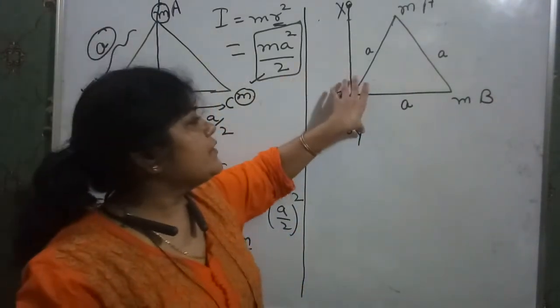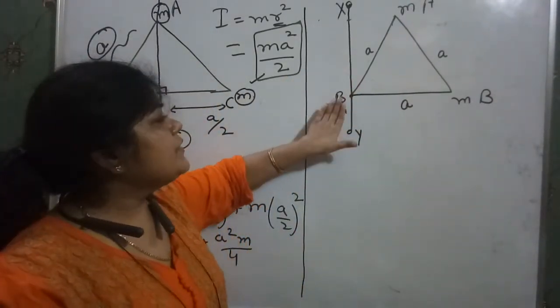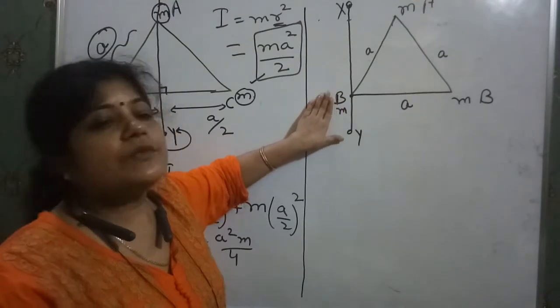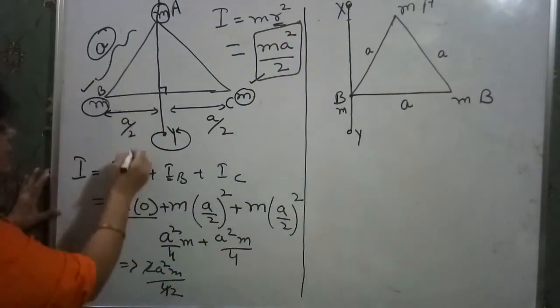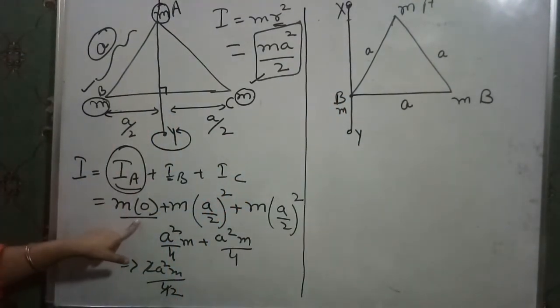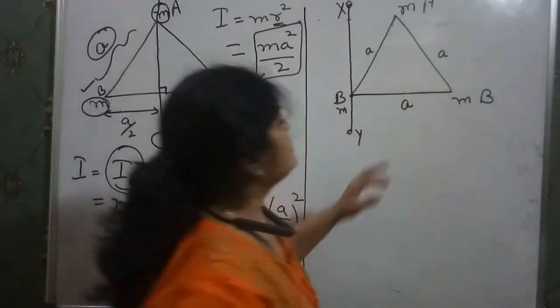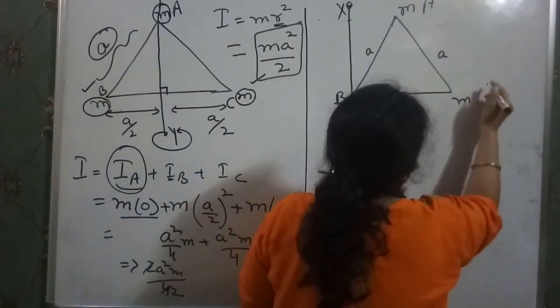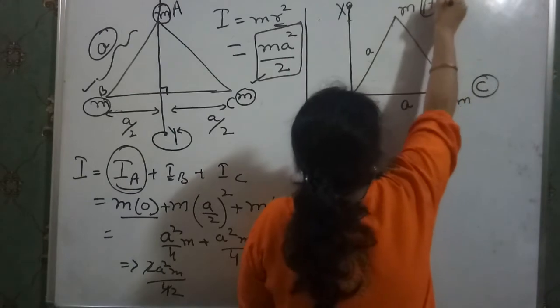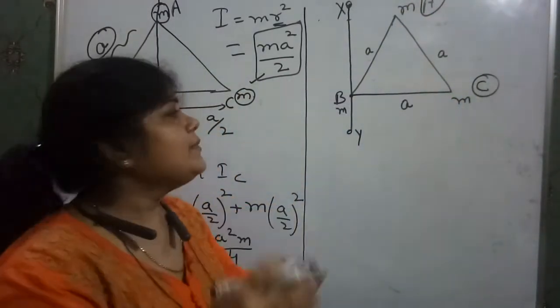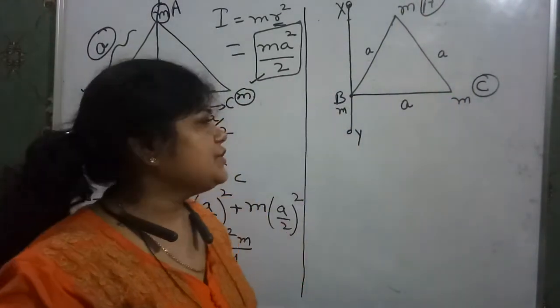For the point through which the axis of rotation goes, the moment of inertia is taken as 0, as I did in the case of IA. So we just consider the moment of inertia for the two points A and C and add them up to get the total moment of inertia.